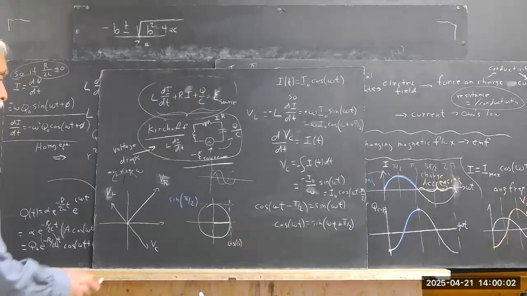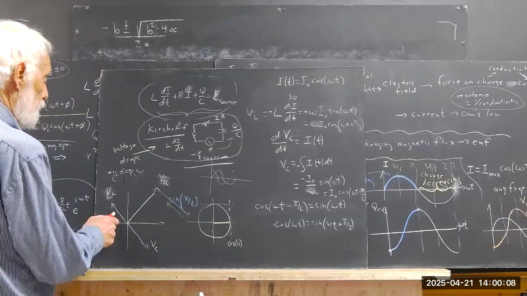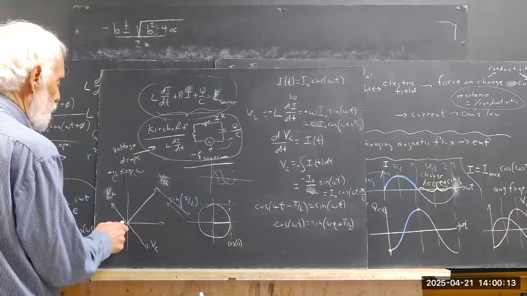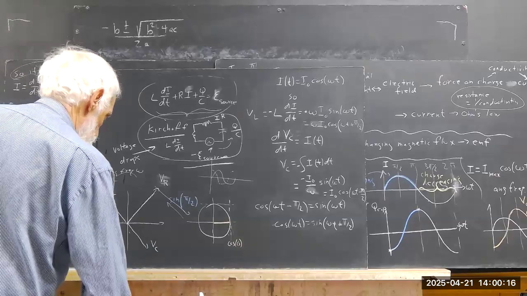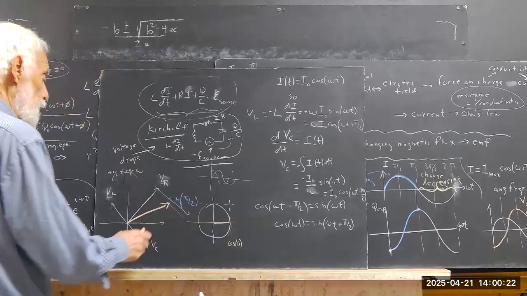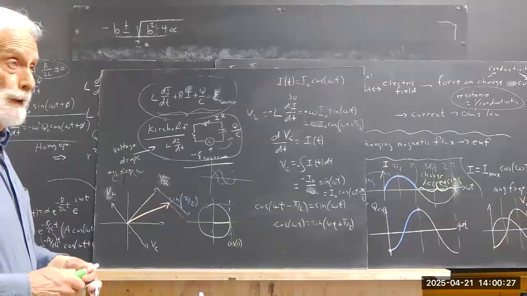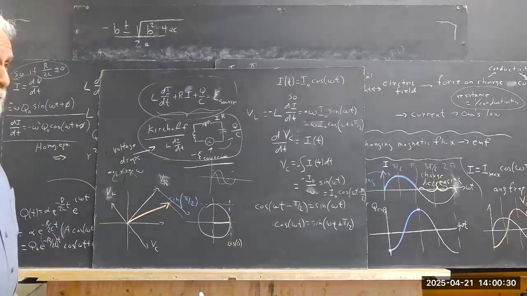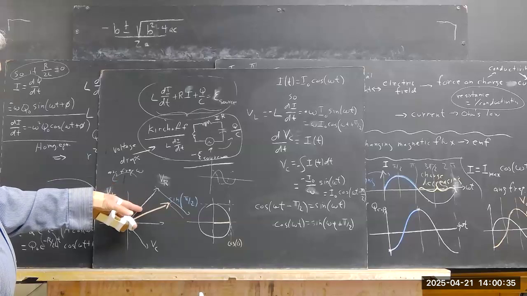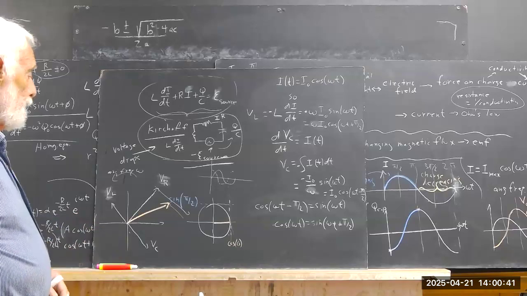So in this case, say this is a little bigger than this. We take this and add this vector, and then add this vector, and we get this vector, which is our current vector. So our current is out of phase with our source. This will be in phase with the source. I didn't say that right, but you end up with a phase difference.